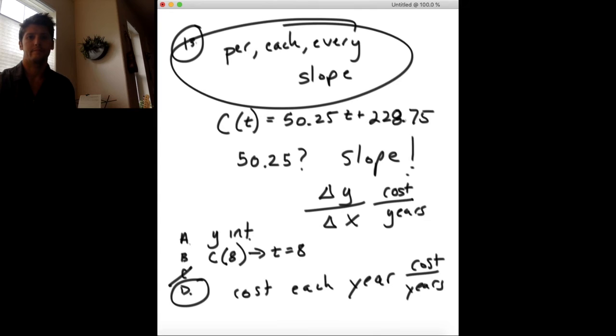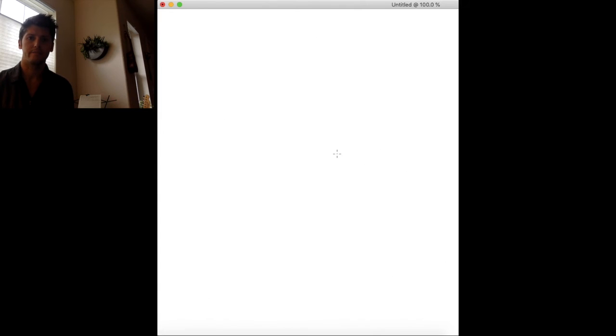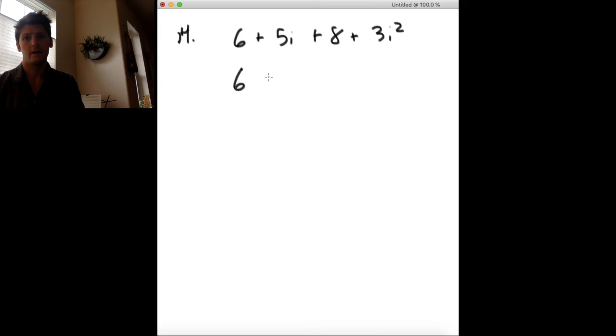Okay. So, 14. 14 asks us to add 6 plus 5i plus 8 plus 3i squared. And that's just 6, 5i, 8, and then this can be rewritten as 3 times negative 1. So that's just negative 3.